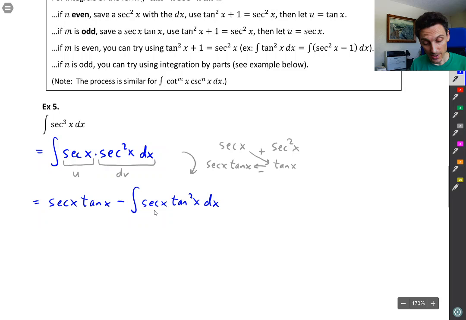All right. Now we can look at our new integral and see what we can think about doing. Well, the tangent has an even power. So let's try converting the tangent into secant by replacing tangent squared with secant squared minus 1.